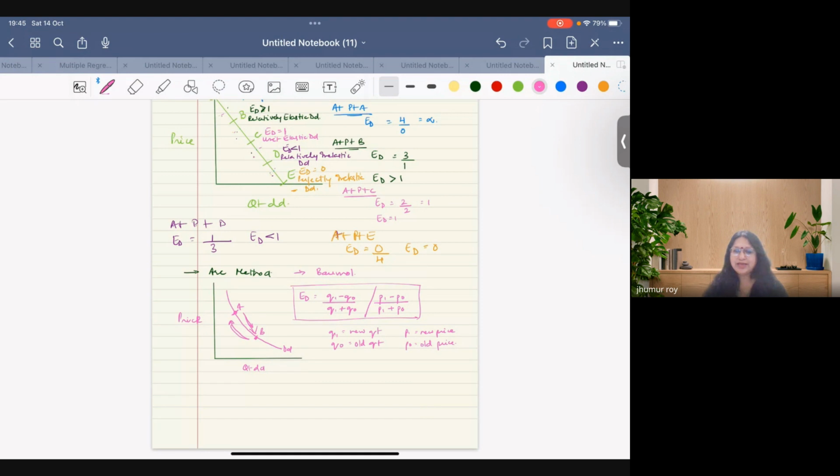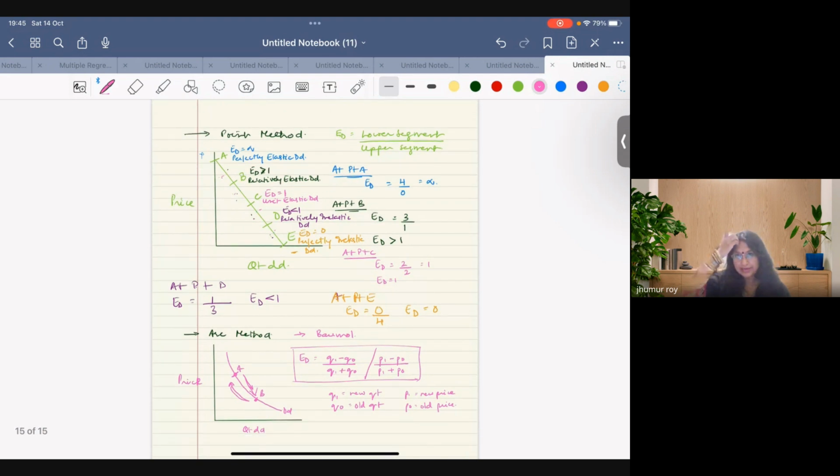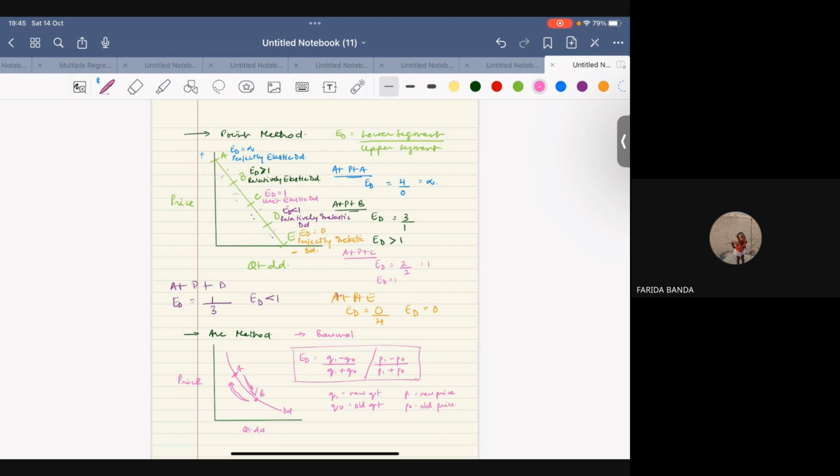Okay. Any questions still here? Is everybody clear till this point? Is everybody clear? I'm just showing this again, these two methods that we dealt with. So I hope everybody is clear till this particular point. Clear, ma'am.